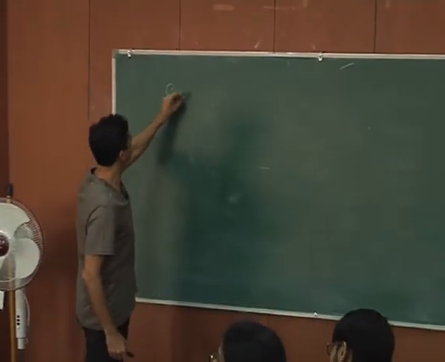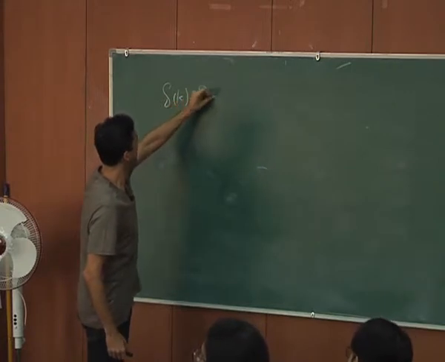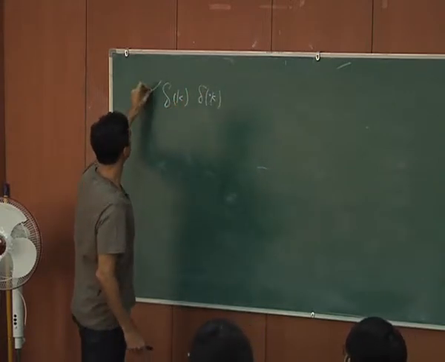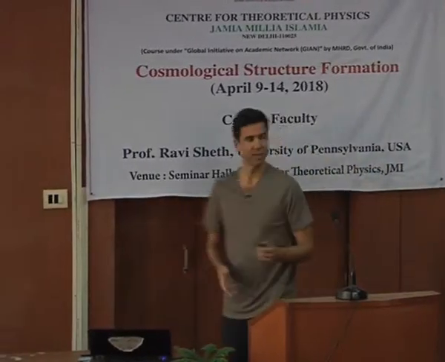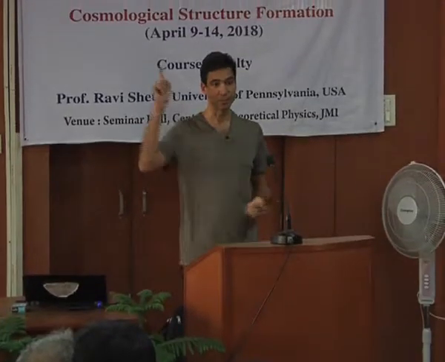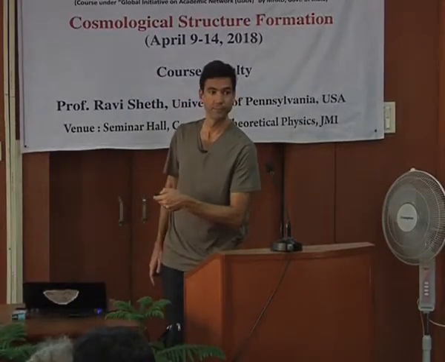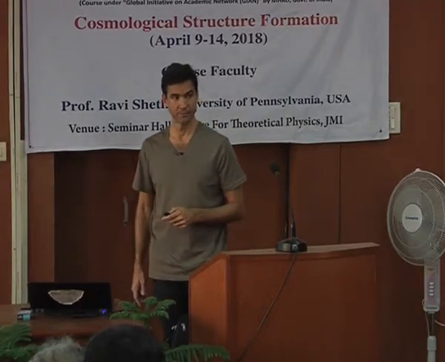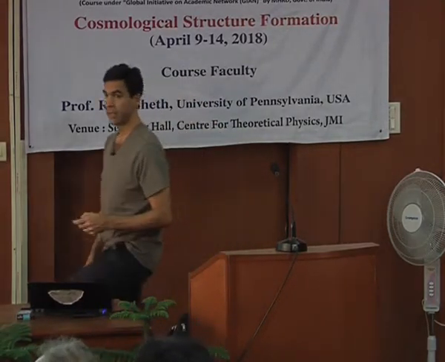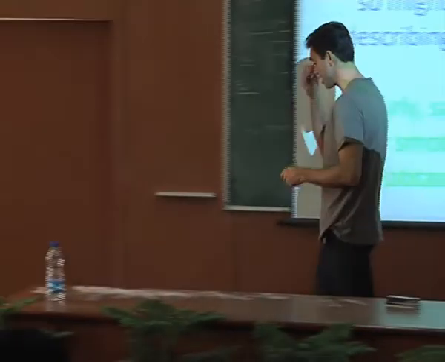This is a delta with a delta. So there are two powers, and that means each delta mode is getting suppressed by this term. And so there are two of those terms.